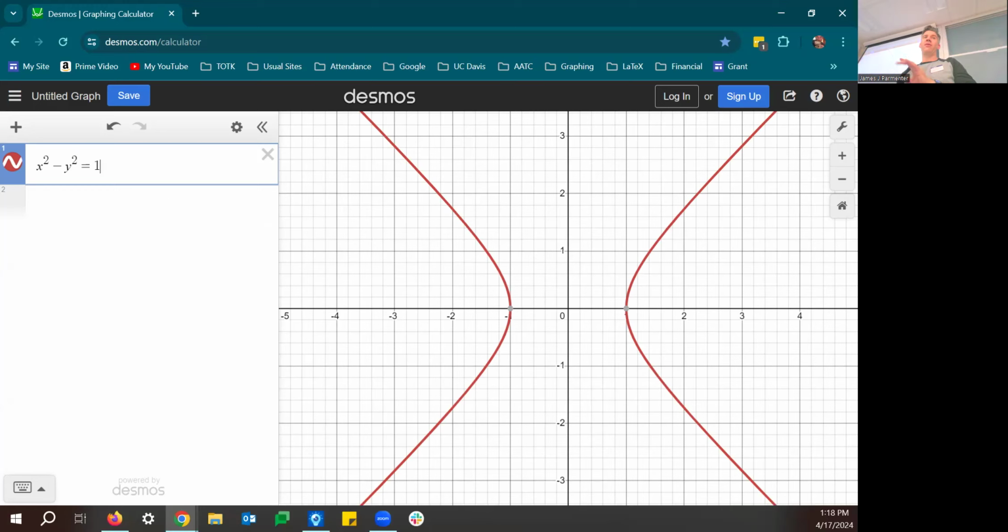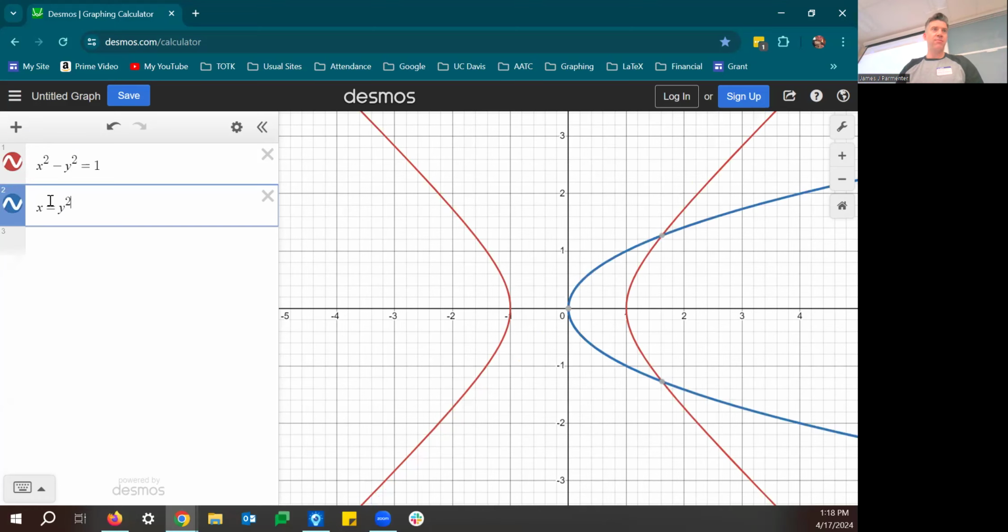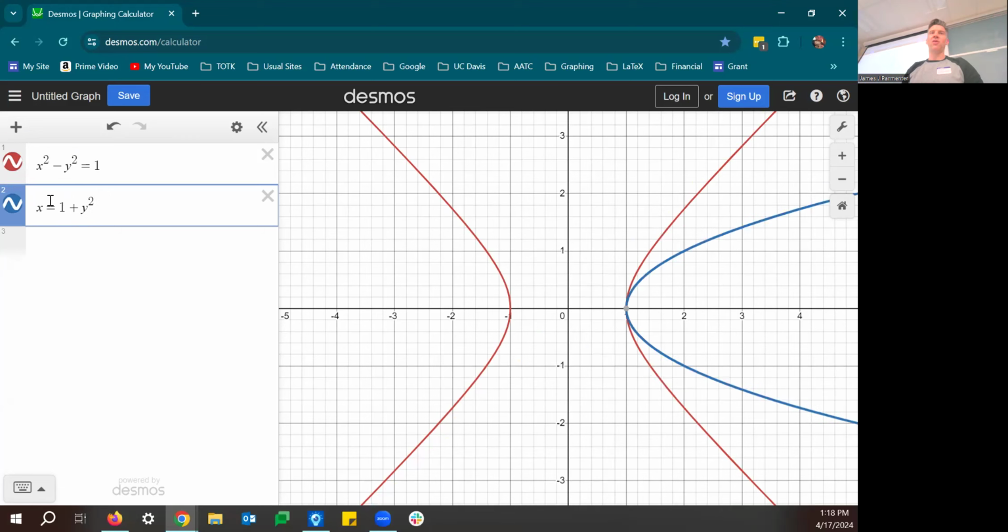Notice how, although it kind of has a parabola look on each side, not really. If I graphed a rightward opening parabola, it would look like this, which has a very different look. Even if I shifted it over 1, you would still see that those don't look quite the same. The hyperbola is a much wider opening than the parabola. So when you're drawing them, there's not a whole lot of distinction, but when you're thinking about them, there should be some distinction.